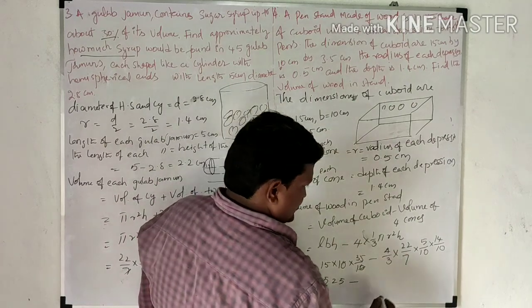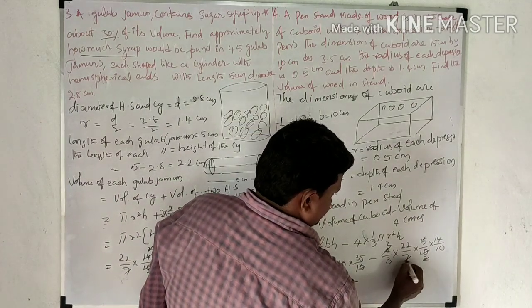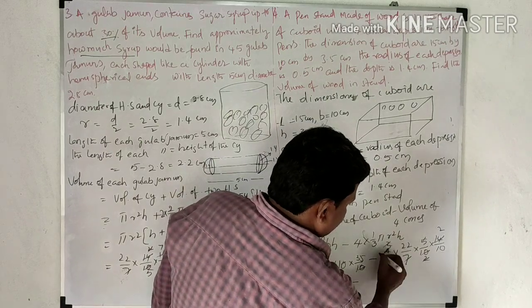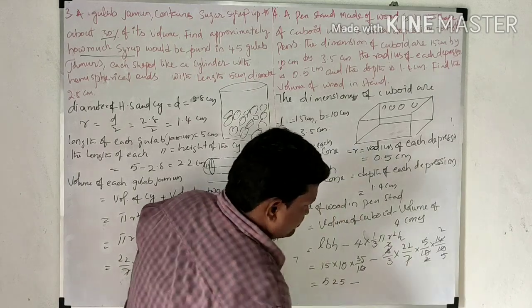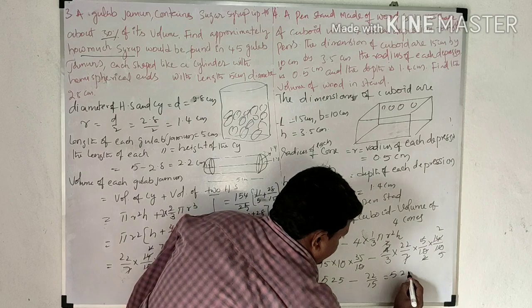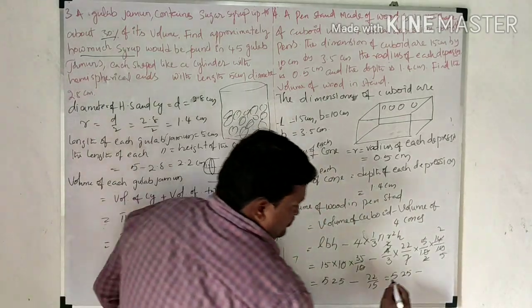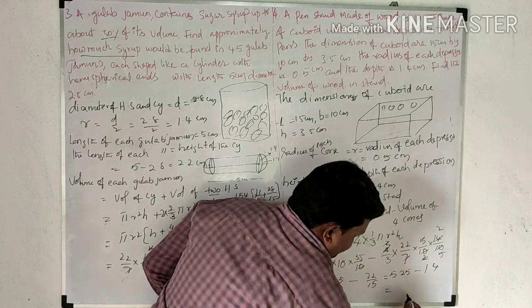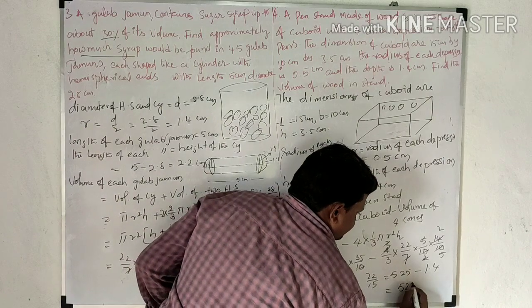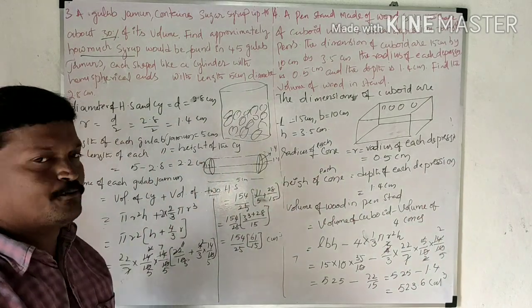See here cancellation. 5 1s are 5, 2 2s are 2, 7 1s are 7, 2 7s are 14. It will be 22/15. That is equal to 525 minus 22/15, which is 1.4. After subtracting this, it will be 523.6 centimeter cubes. 523.6 centimeter cubes.